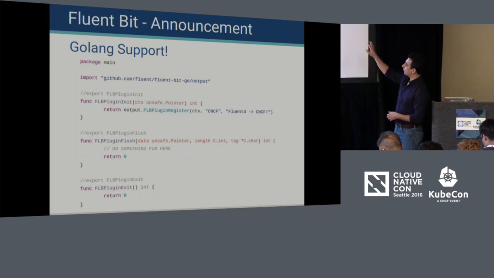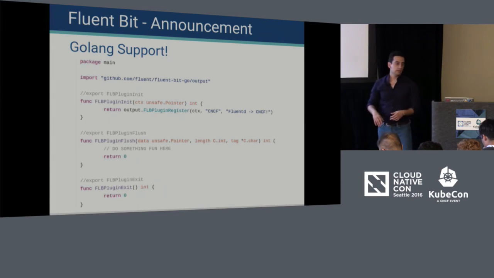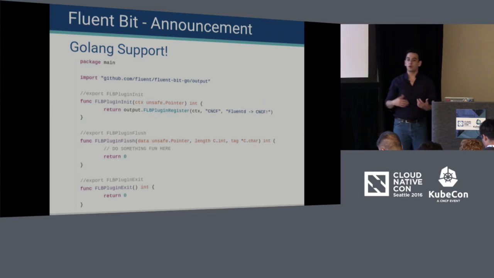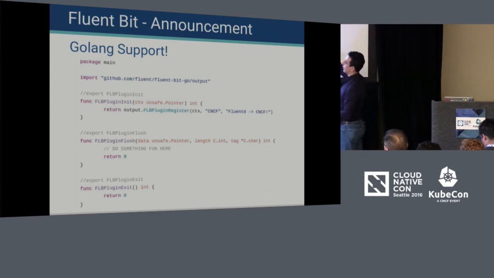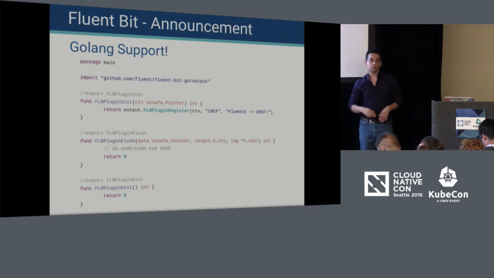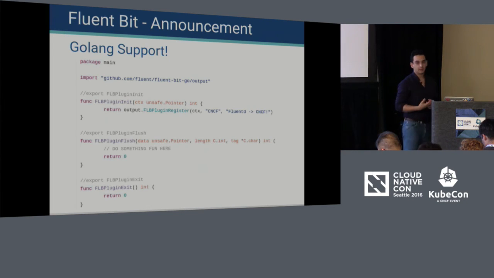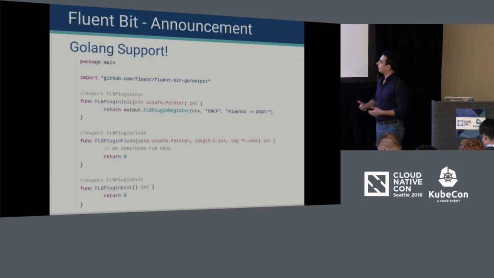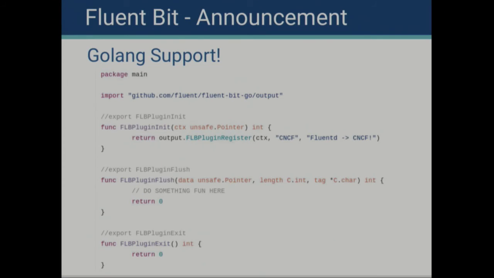So basically, you import the Fluent Bit Go package. For example, this is an example for the standard output, but made in Go, right? And you define 3 callbacks. And you need to define the export, because that is something required by the Go language. First, you do the initialization, and you register the plugin, right?